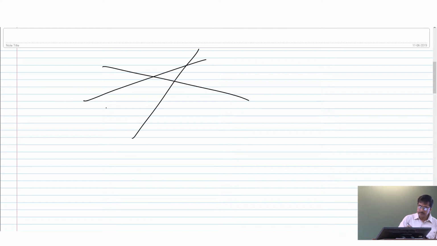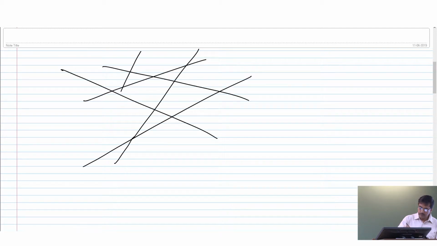Okay. So, suppose I am given lines. These are infinite objects, right. So, I am given a set of lines, and I want to do some kind of pre-processing.